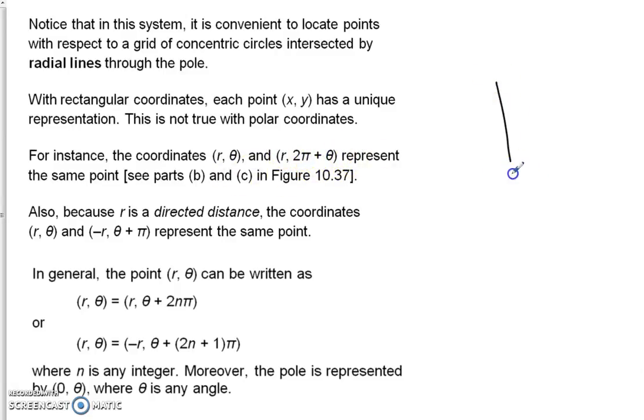Let's take a look at that and ask what it means. I'm used to drawing the xy axis, but this is my pole right here. Let's say this is pi over 4, so this is the point, let's say (3, pi over 4).